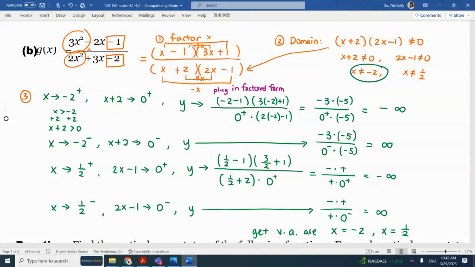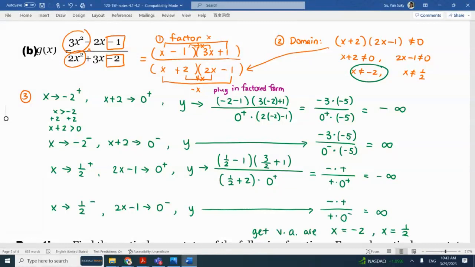And how about this piece? When x goes to -2 from the left, y goes to infinity, like here, right? And then when x goes to 1/2 from the right, y goes to -infinity, the bottom, right?